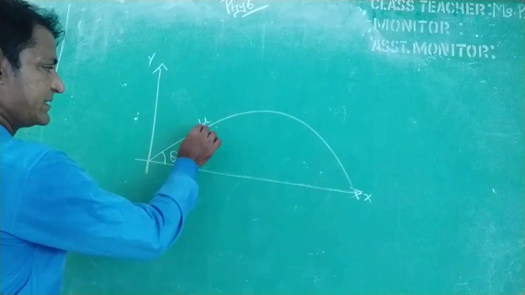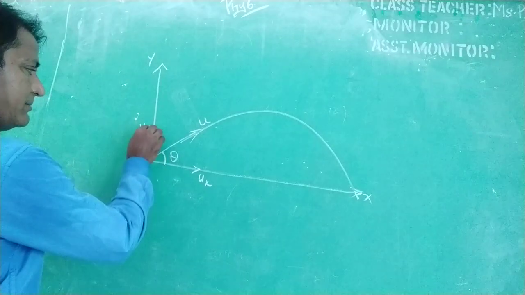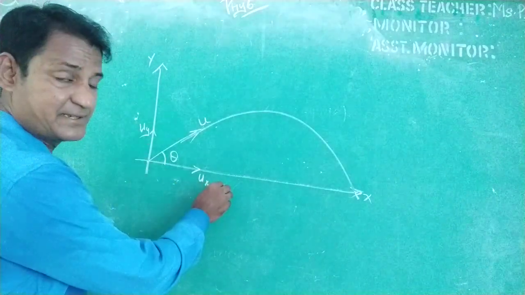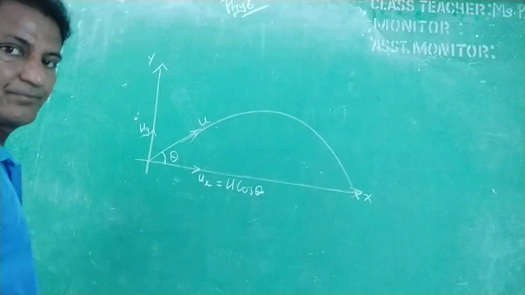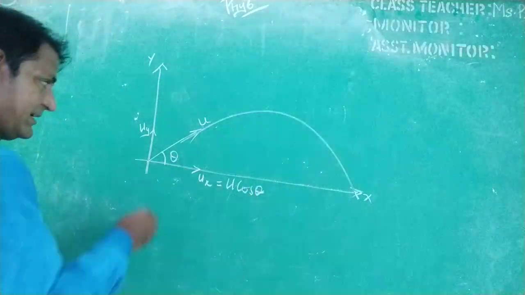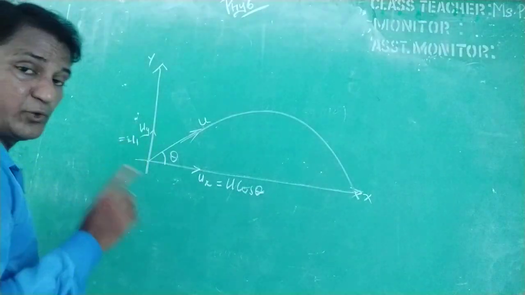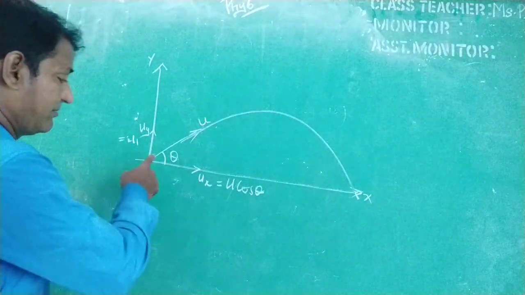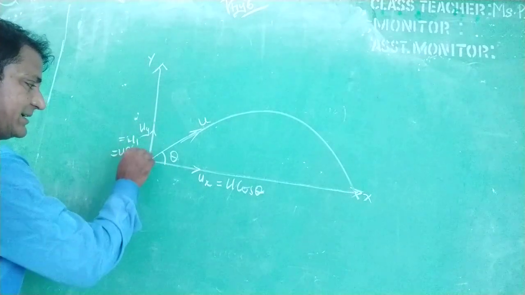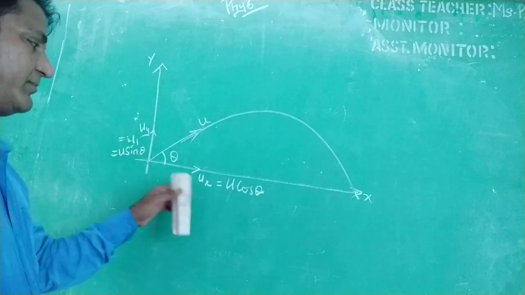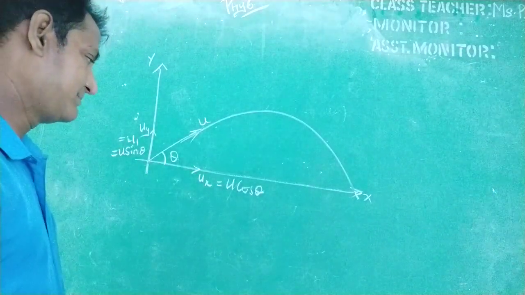Now u has two components, u suffix x and u suffix y. u suffix x is equal to u cos theta, and uy, which is u1, the initial vertical velocity at this point, is equal to u sine theta. So the values of ux and uy are given, right?